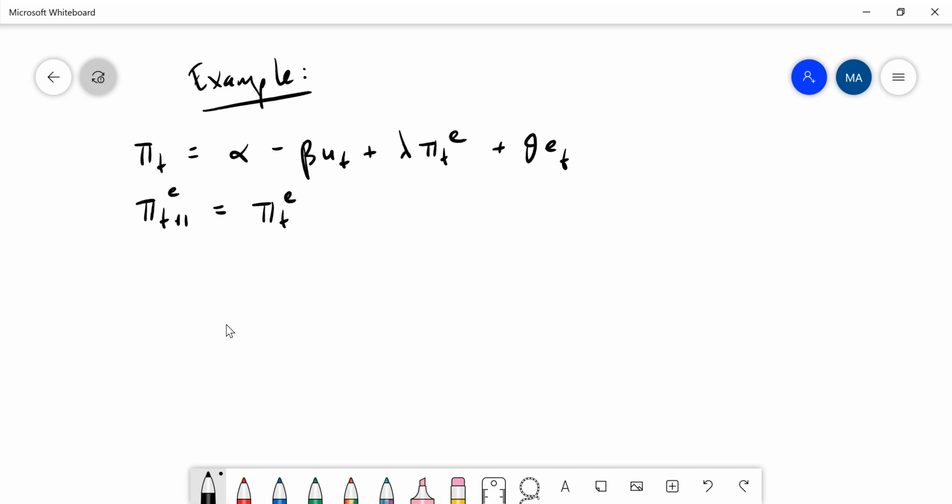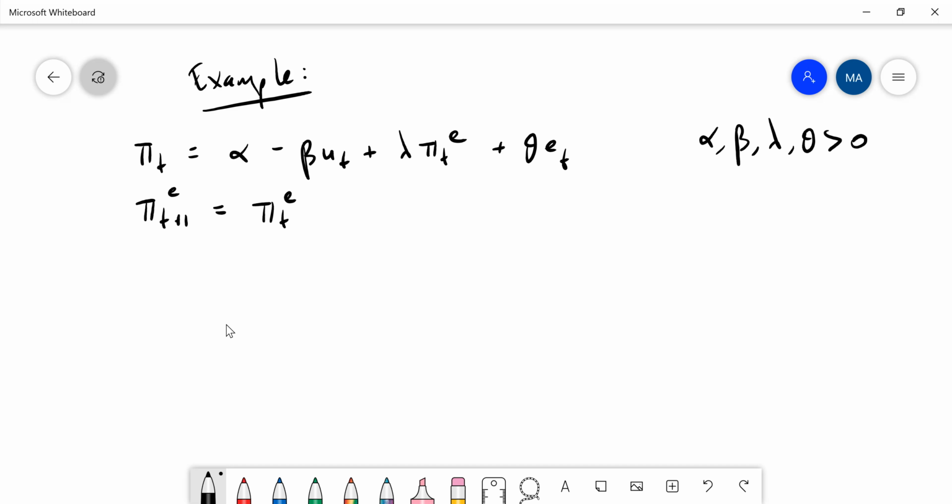In the first equation, we have the inflation rate. Inflation rate is negatively related with unemployment. So here alpha, beta, lambda, and theta are all positive. Okay, so inflation is negatively related with unemployment. So this is the unemployment rate.